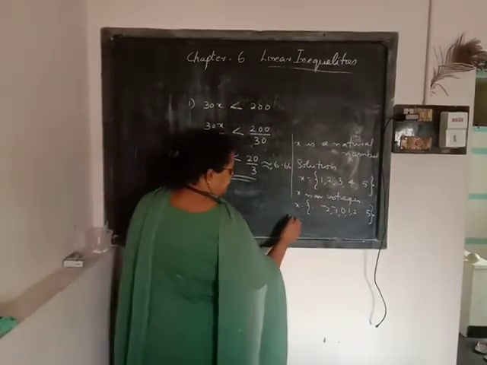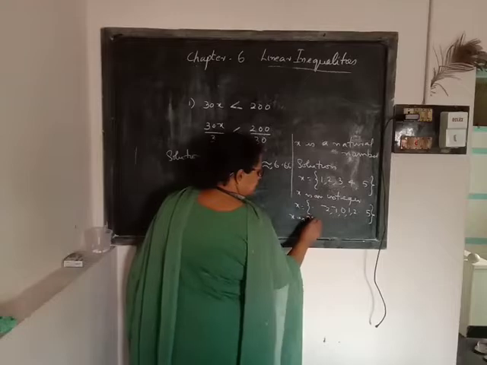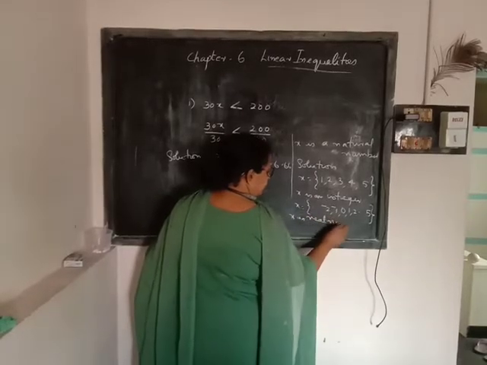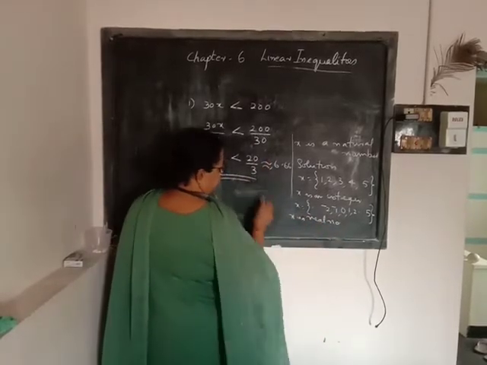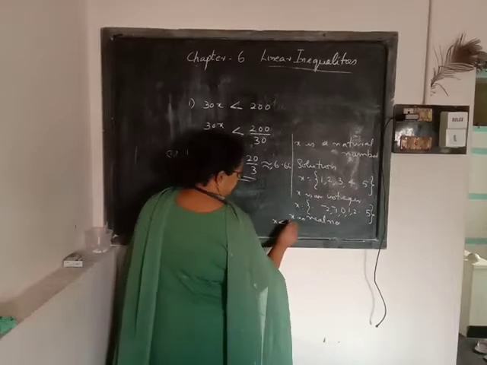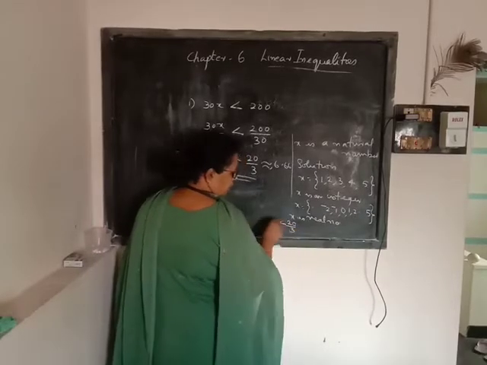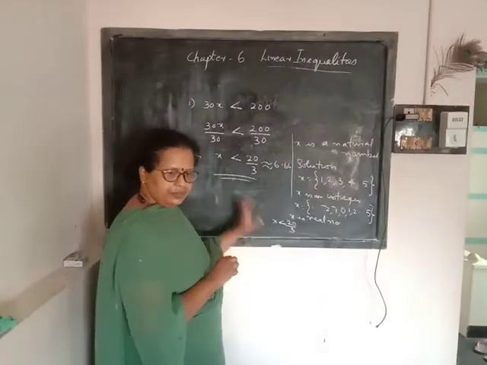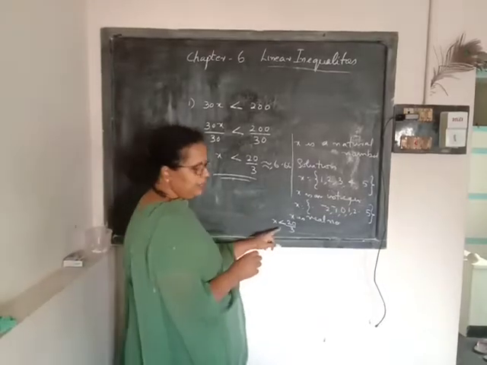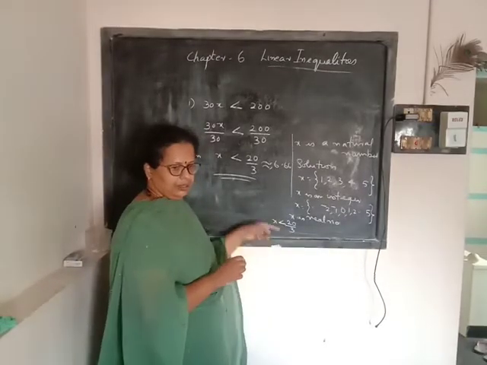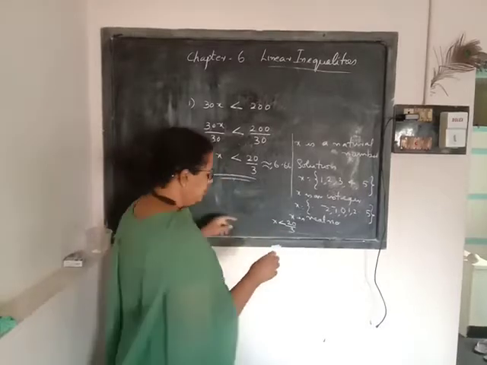When it is given x is a real number, this is the answer: x less than 20 by 3. This is the answer when x is a real number. We can write it in interval form.